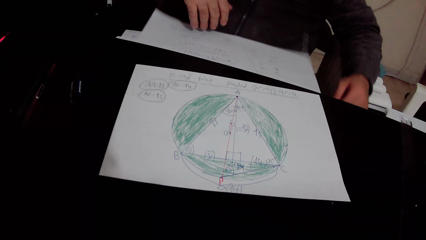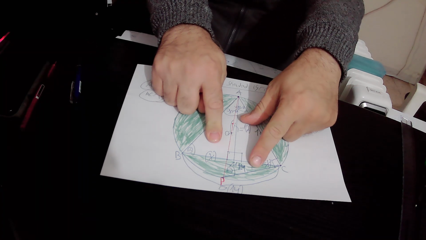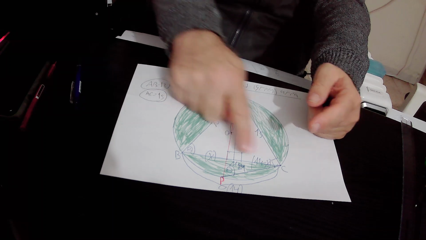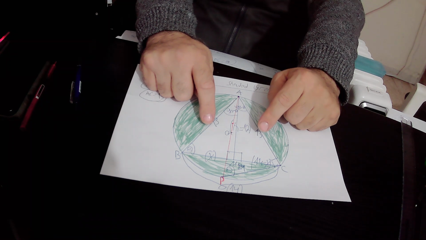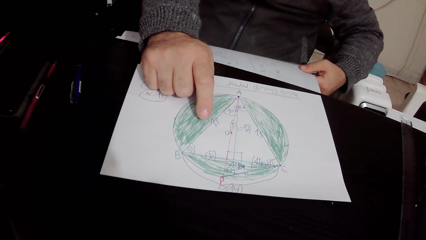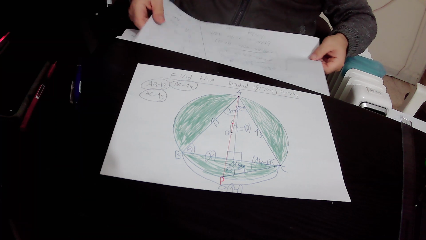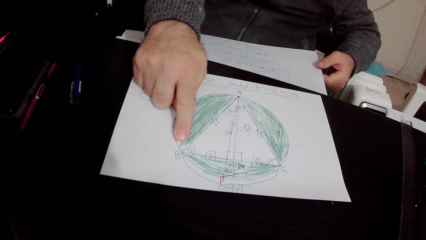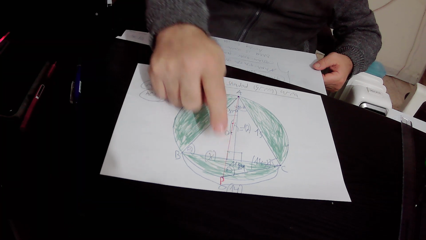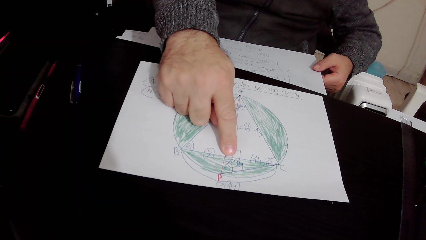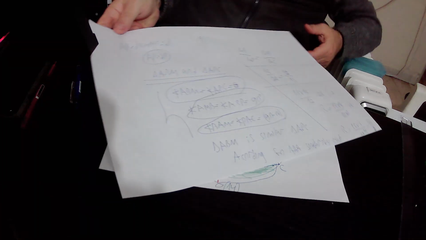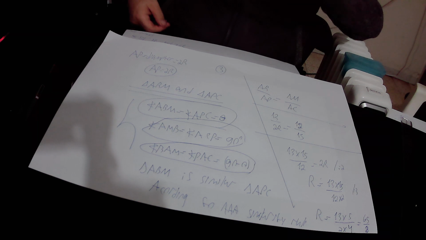And from the fact that those two triangles are similar, we derive that the following relationship exists between their sides: AB over AP equals AM over AC.